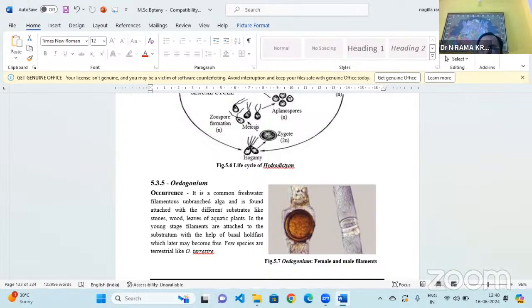So once again, the entire Chlorophyceae and the genera of Chlorophyceae show progressive development of colony types.